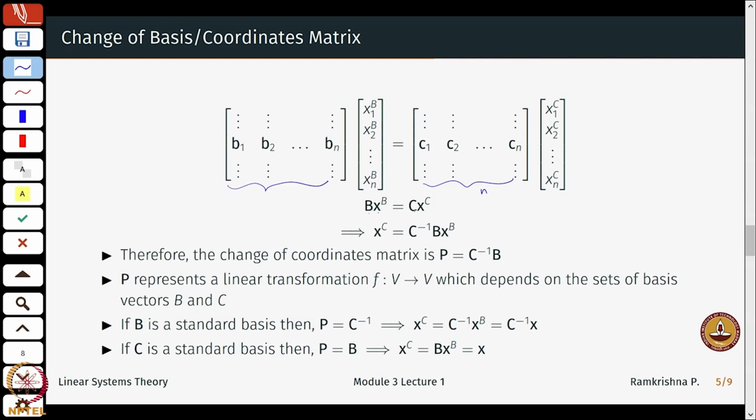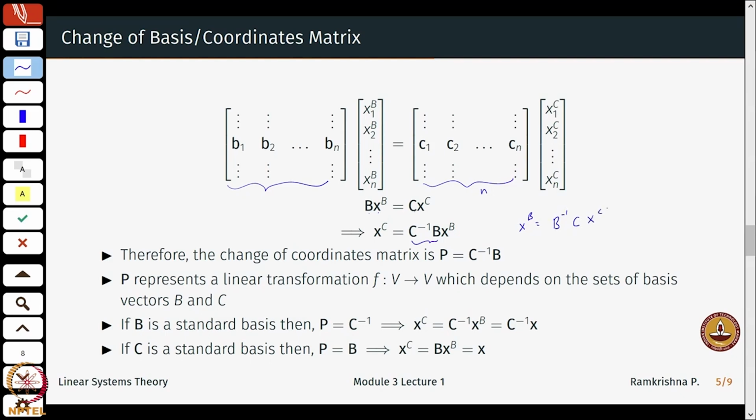So I can interchange terms and write xc as c inverse b times xb, or I can do the reverse and write xb as b inverse c xc.